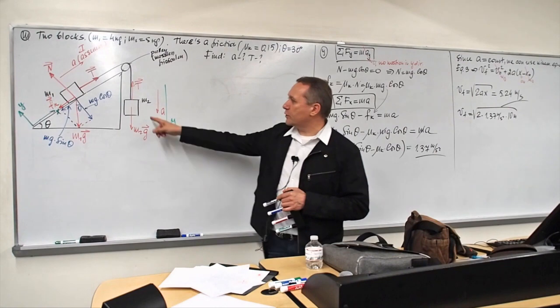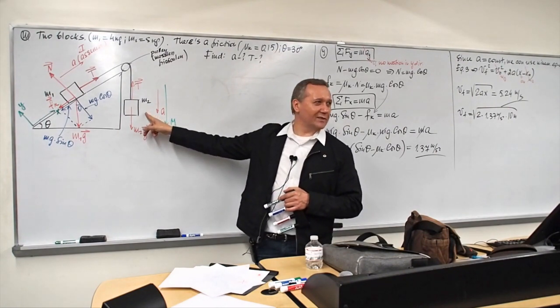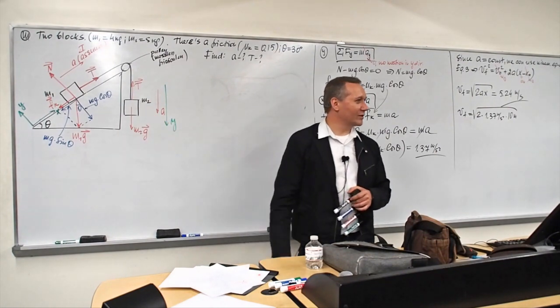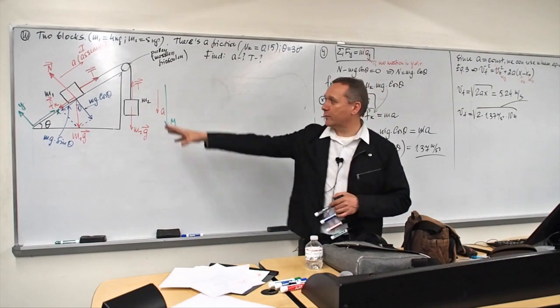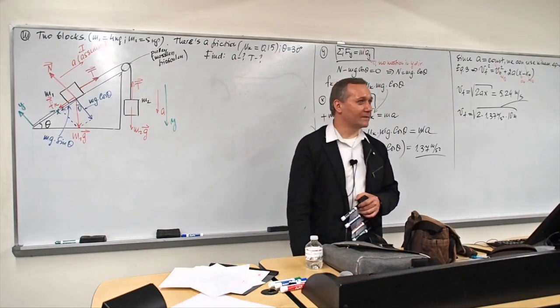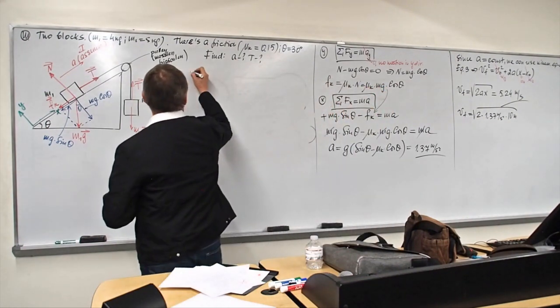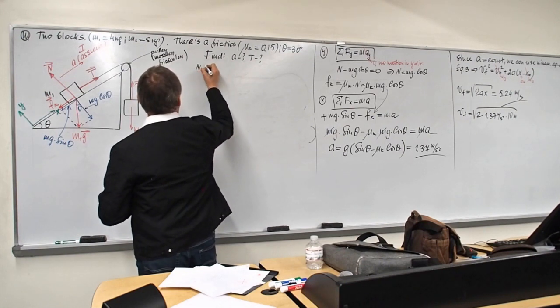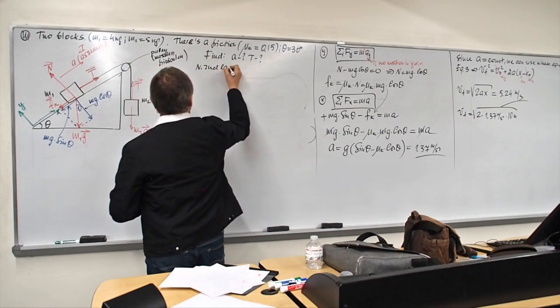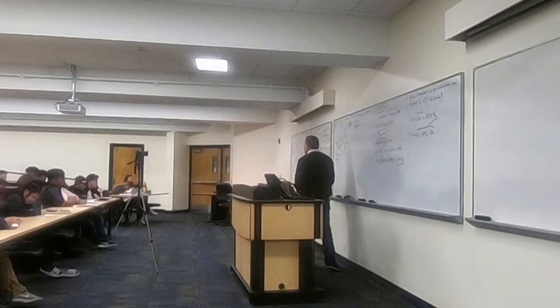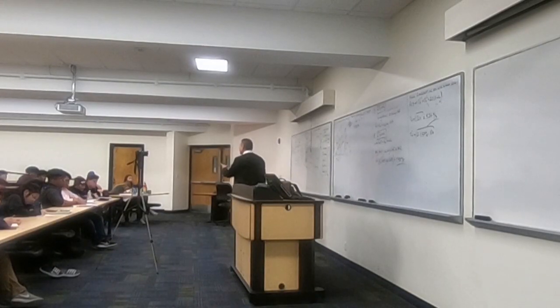Okay, now we're ready to start writing down the equations. Probably I will start first with M2 because it's the easiest, right? I will just write down the equation for the second mass and then I will start taking care of that mass. So now, application of Newton's second law. In this case, do we need kinematic equations?